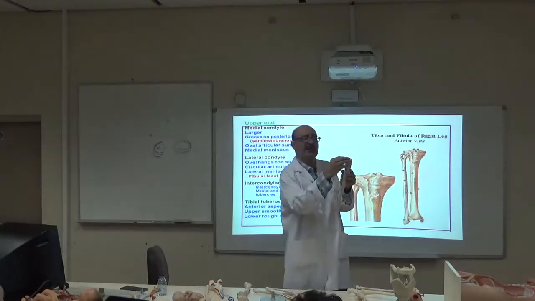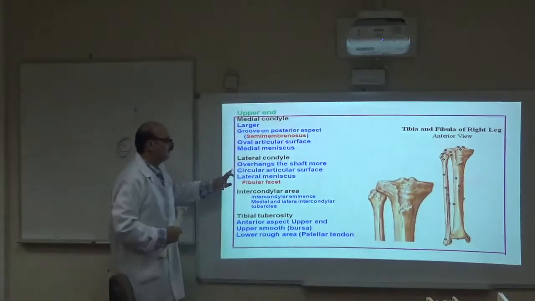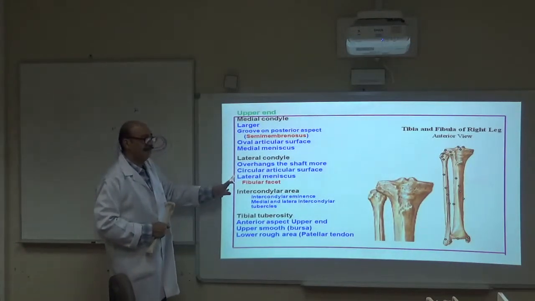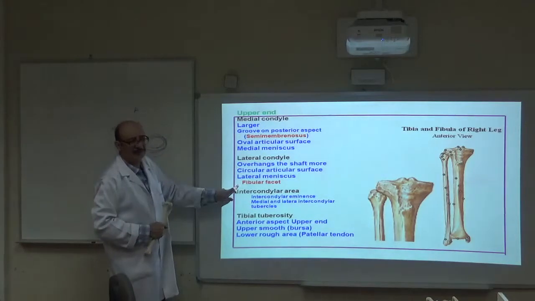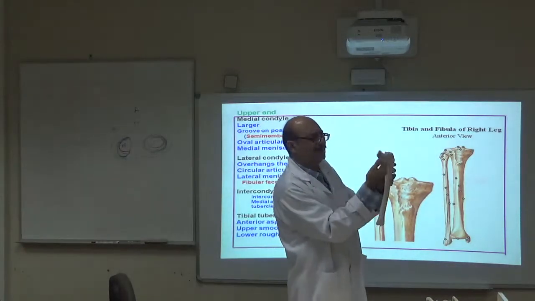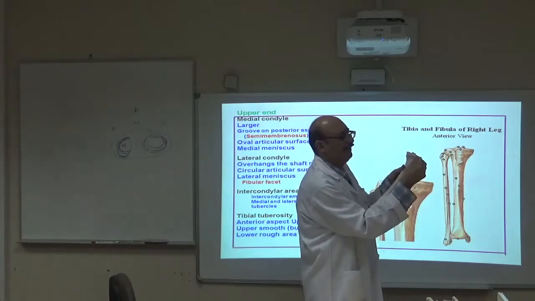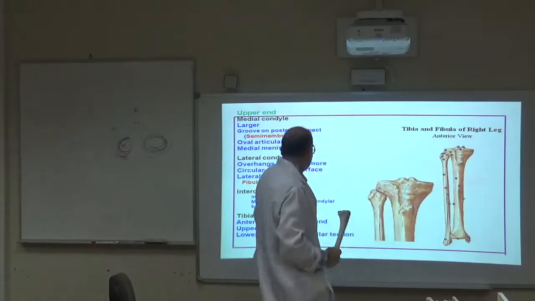Lateral condyle. This is the lateral condyle on the opposite side. What are the specialties? Circular articular surface, lateral meniscus, fibular facet. What is fibular facet? If you see just the back of this lateral condyle, you will find a surface. What is facet?